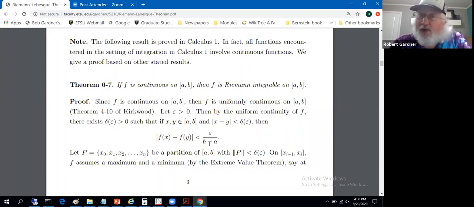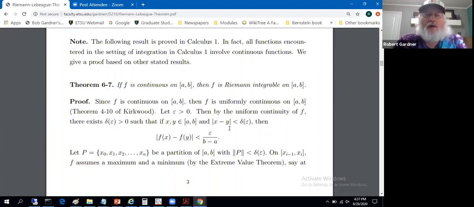All right, regular old continuity at a point says fix a point. If I choose other values close to that point, I get function values to be small. So I can make differences of function values about a point as small as you like by making the input values, the x and y values, sufficiently close, about maybe a fixed point x.